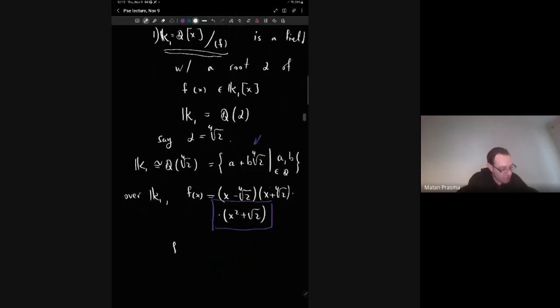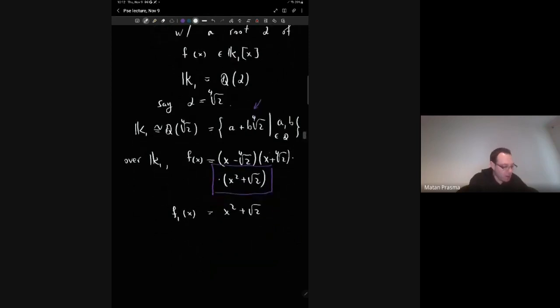So what I need to do is to further extend. I define F1 to be x squared plus square root of 2. And now I look at K1[x] modulo x squared plus square root of 2.